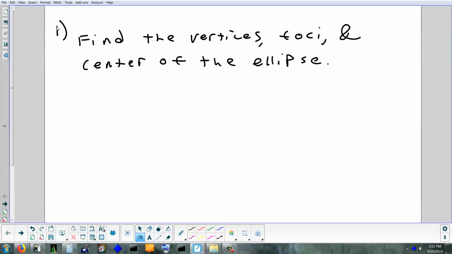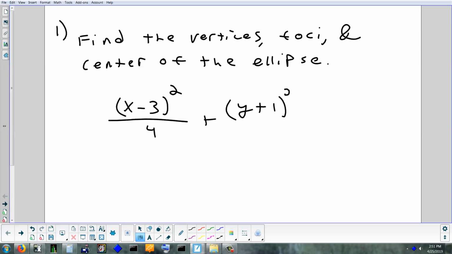So what I'm going to do is give you the equation, and then you can give me all that stuff. So, let's do (x minus 3) squared over 4 plus (y plus 1) squared divided by 9 equals 1.